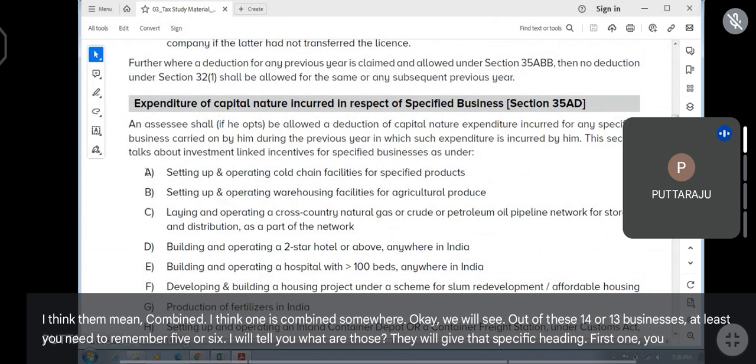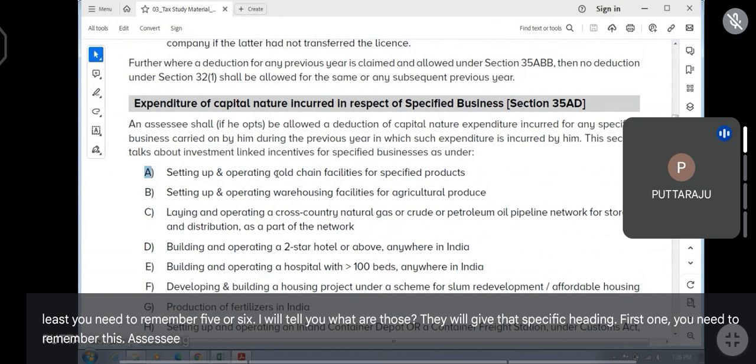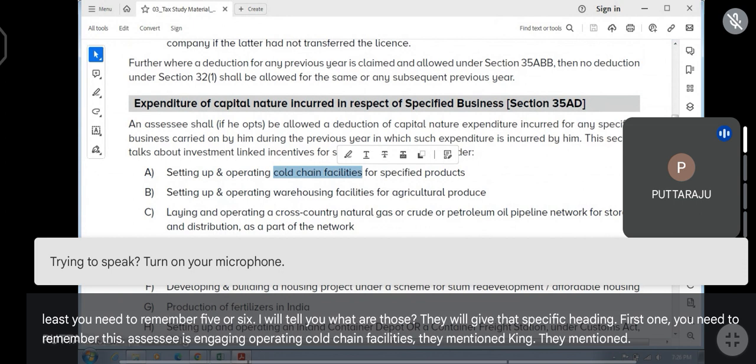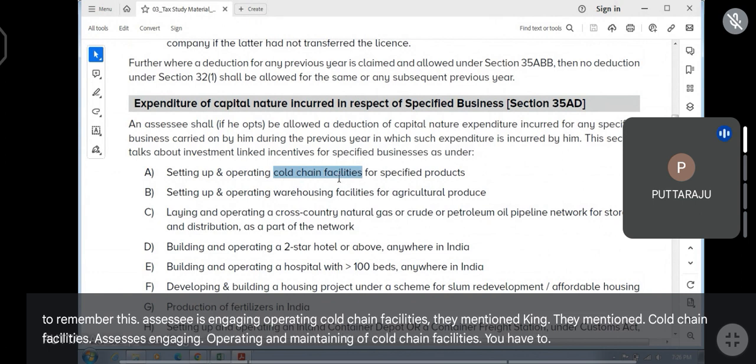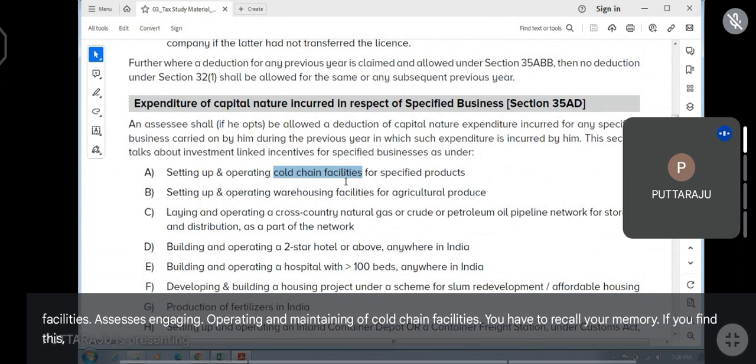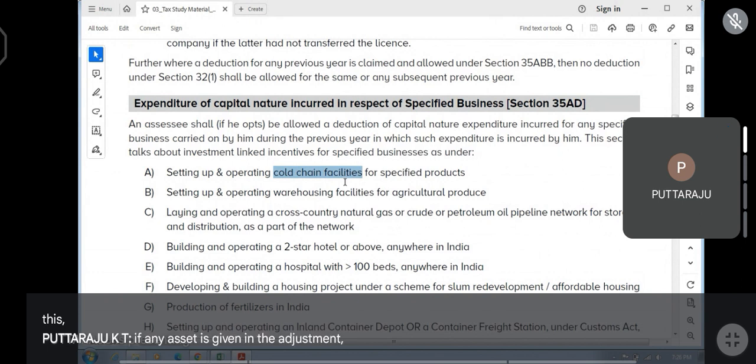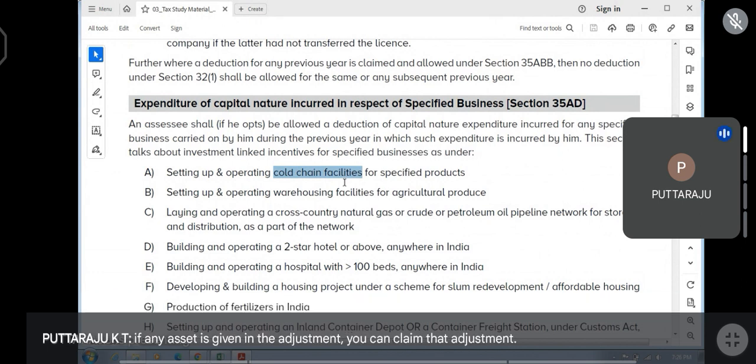First one, you need to remember this. Assessee is engaged in operating and maintaining cold chain facilities. You have to recall your memory. If you find this, if any asset is given in the adjustment, you can claim 100% deduction except land and goodwill.